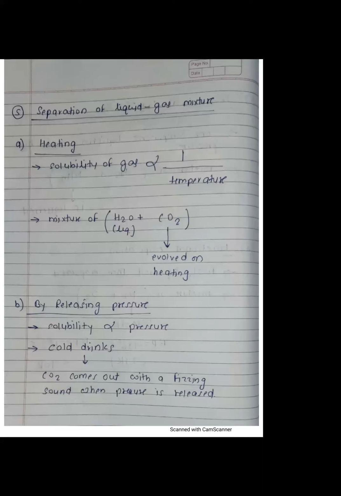Solubility केवल gaseous mixture की बात कर रहे हैं बेटा हम, liquid की नहीं. Solubility of gases. So by solubility you mean the dissolving of it in water? Yes, dissolving of gas in any solvent. So it will automatically come out. Yes. If you increase the temperature, solubility will decrease. Okay, thank you.